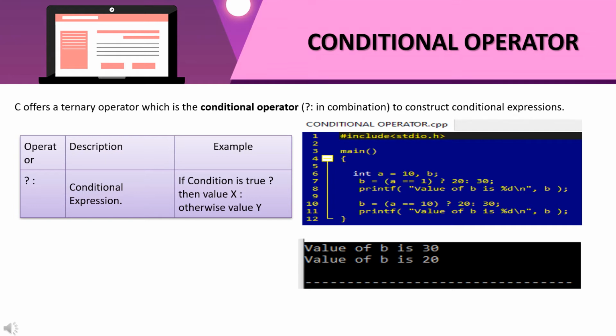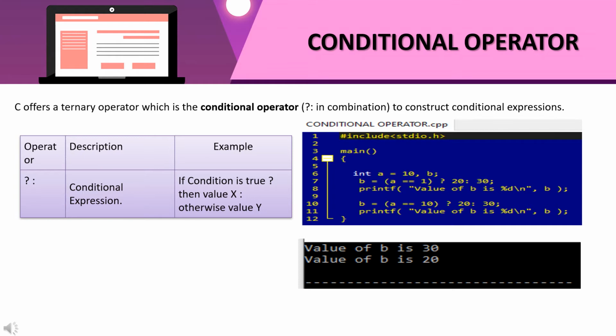So here you can see that a is not equal to 1, so the value will not be 20. Here you can see that the value printed is b is 30. Again, b equal to, in the braces, a equal to 10 and question mark 20 colon 30, which is the same as a condition like if a equal to 10, then the result will be 20, and if not, then 30.